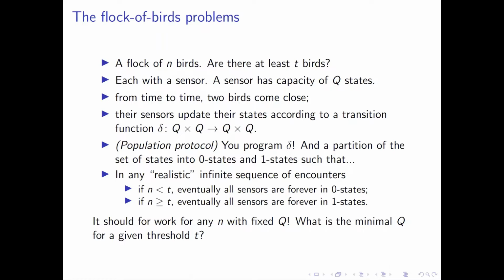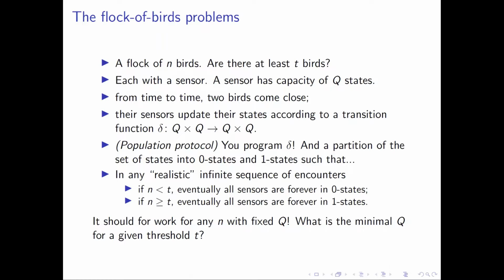And so what it means that the population protocol solves our problem is that if the size of the flock is less than the threshold, then after some finite number of encounters, there is a place in the infinite sequence of encounters starting from which all sensors are always in 0 states.